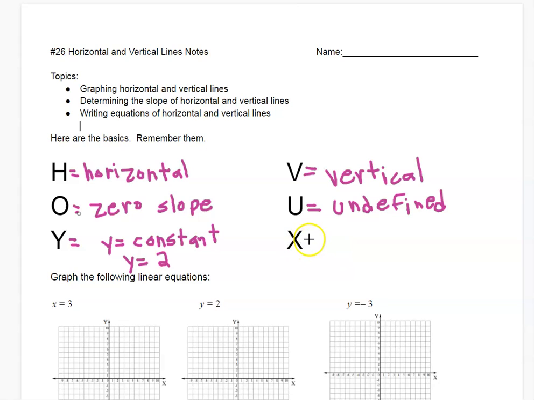Okay, and the X is going to be X equals a constant, and that's going to be the equation for a vertical line. X equals a constant. So if you had like X equals, I don't know, 32, that'd be a vertical line crossing the x-axis at x equals 32.